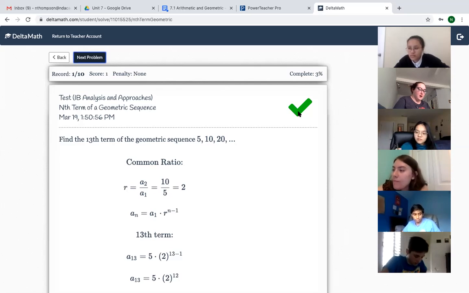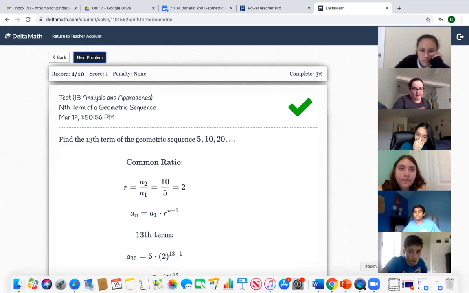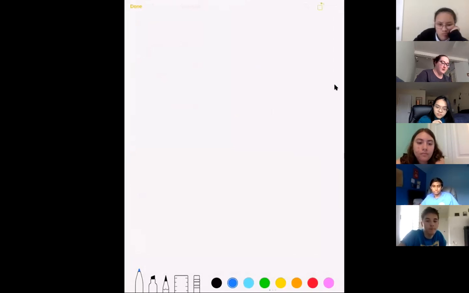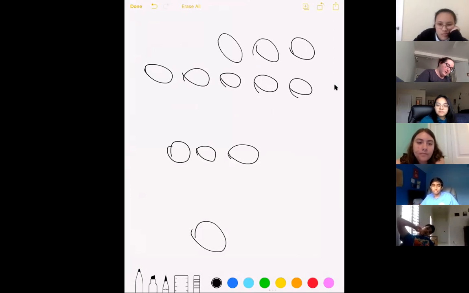Right. If you want to do it this way, just to make it even more clear, you could take a picture on Snapchat even, say a bunch of Oreos: I have 1 Oreo, and then 3 Oreos, and then 1, 2, 3, 4, 5, 6, 7, 8, 9.